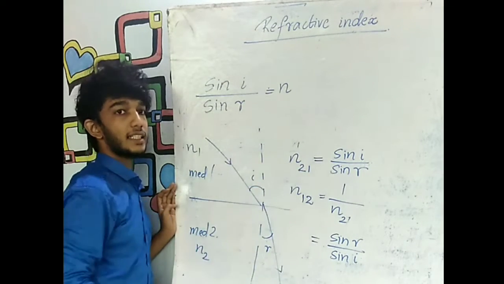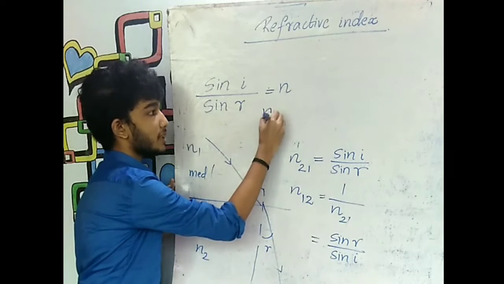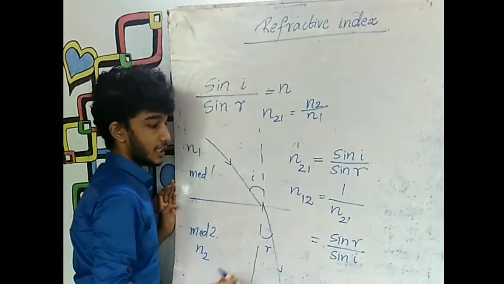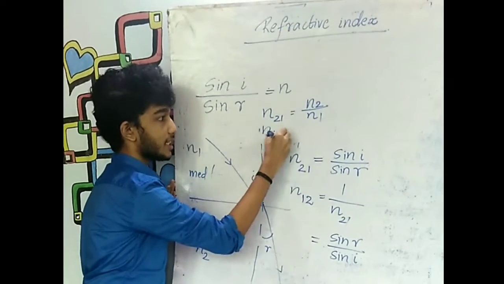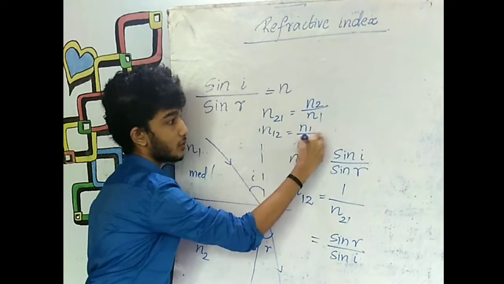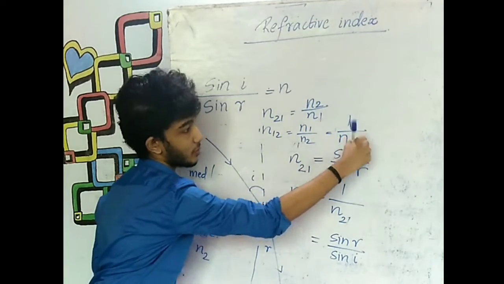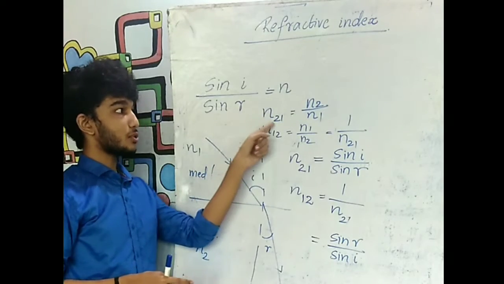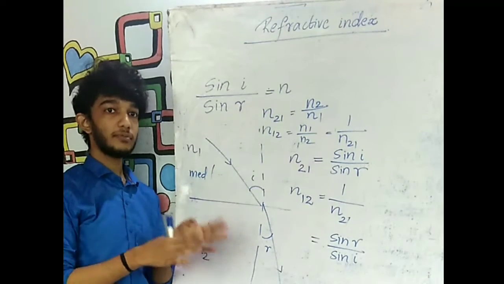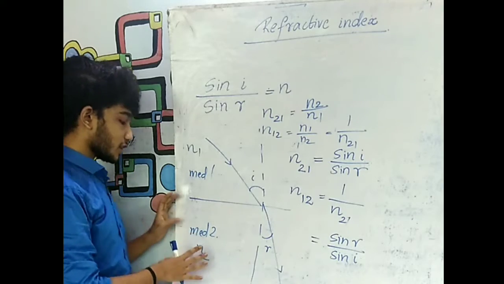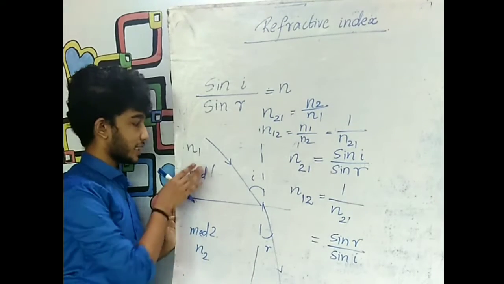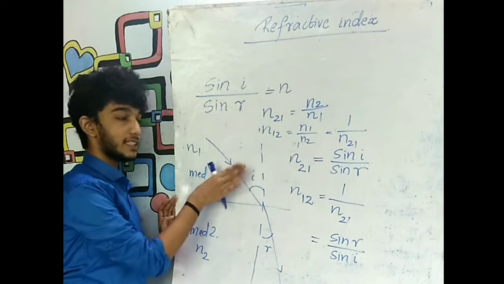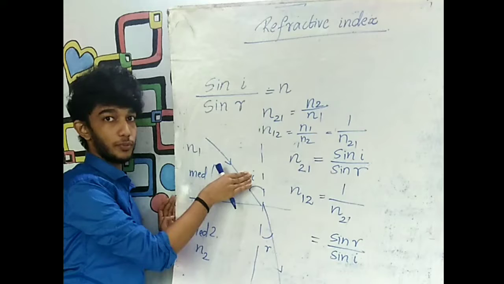Now how can we write n21? n21 means nothing but n2 divided by n1. This is the reason why n12 is equal to n1 by n2, which is equal to 1 by n21. This is how the notation has come. n21 means refractive index of medium 2 with respect to medium 1. When we talk about n21, refractive index of medium 2 with respect to medium 1, the sine of this angle should come in the numerator.